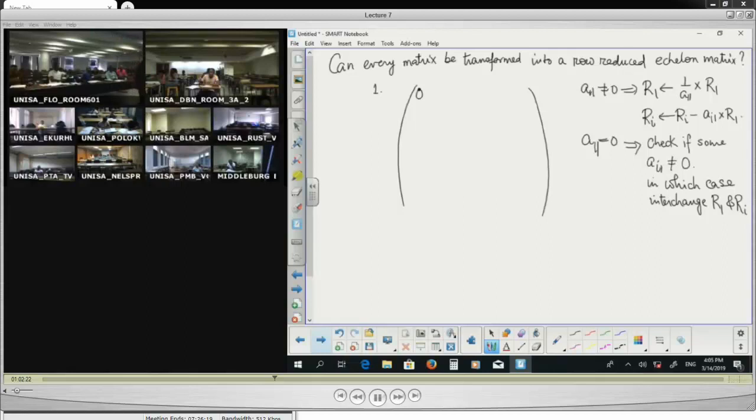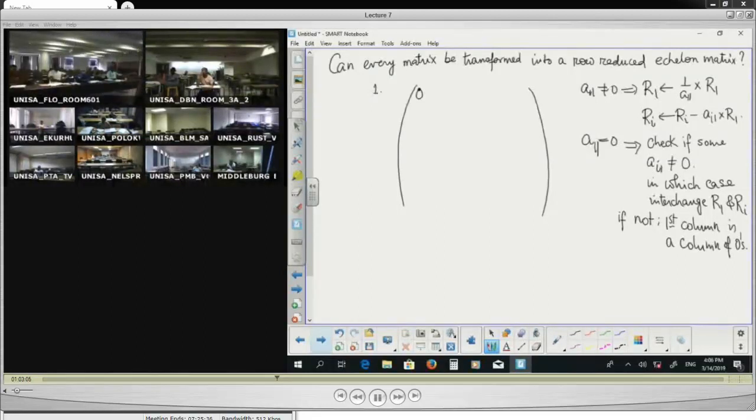So if not, first column, then what happens if that is 0, and I will use the next column that will be coming.